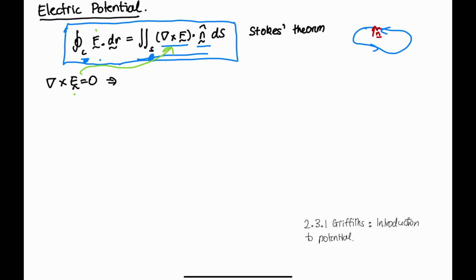If this thing in here is 0, then this whole right-hand side has to be 0. So this tells us that the integral around a closed path of E dot, let's call it dl in this case, is equal to 0.